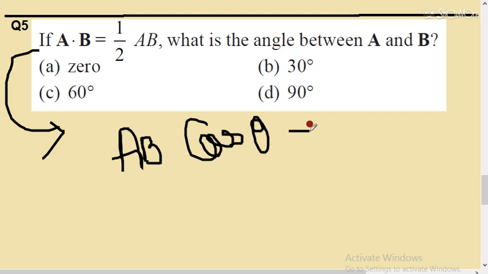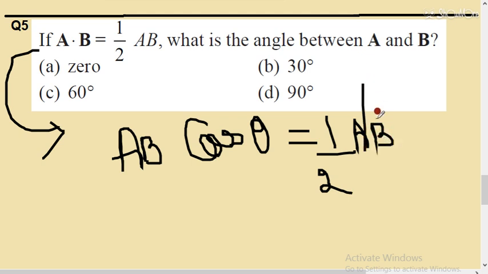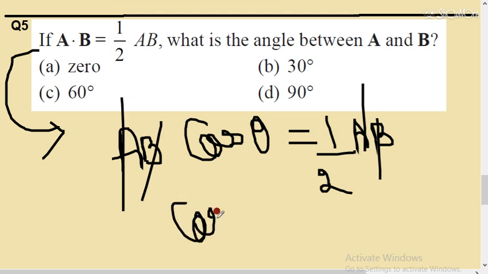This is equal to, as given, 1 by 2 A into B. So students, after cancellation A and B will cancel out and we are left with cos theta equal to 1 by 2.